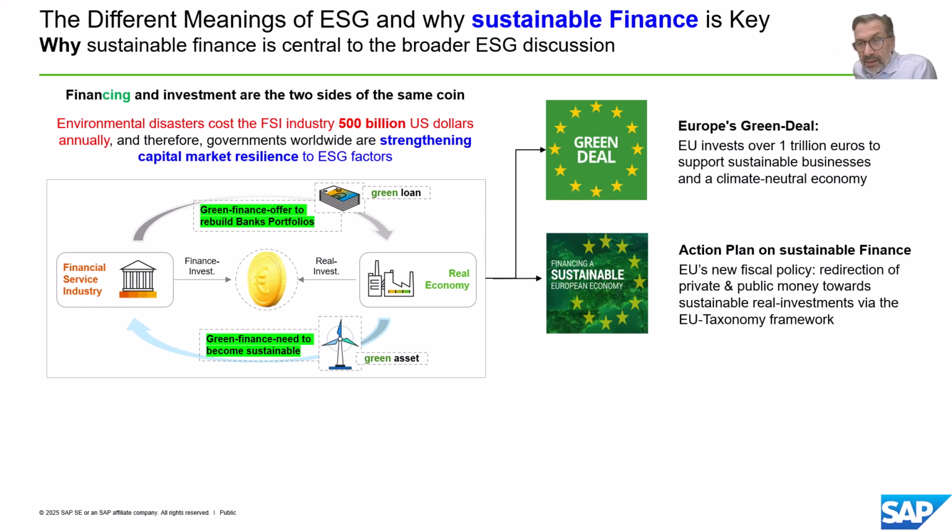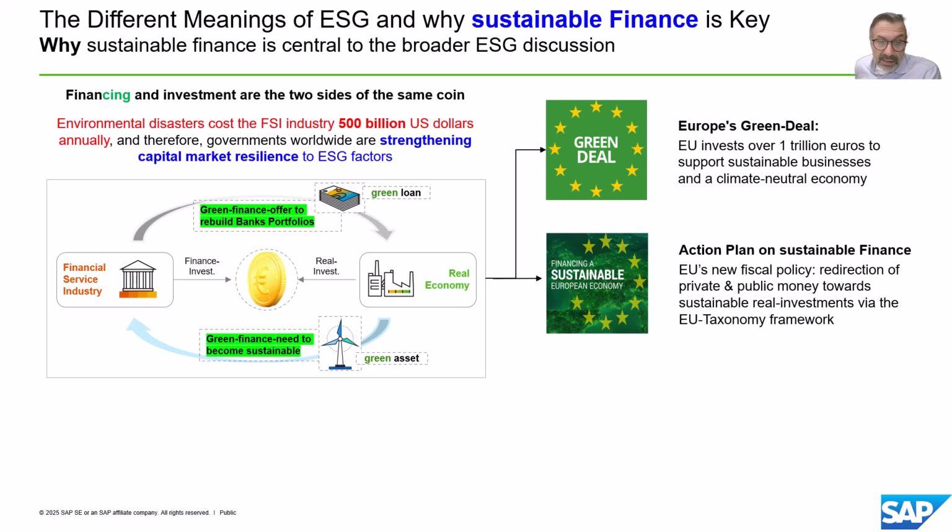The EU's new fiscal policy was adopted in 2020, and the core of this fiscal policy is the idea to redirect private and public money towards sustainable real investments via the EU taxonomy framework. So the taxonomy framework requires you to divide your activities in green activities and brown activities, and your green activities will be supported by cheap money that you get from your bank.